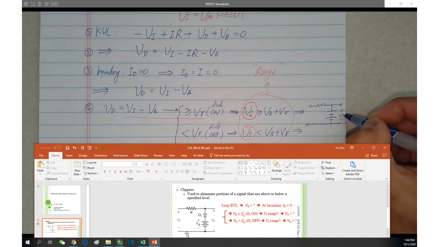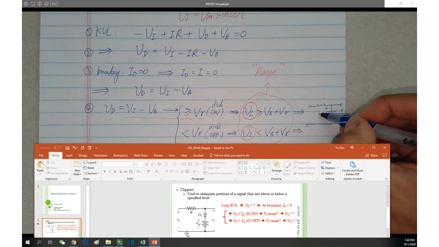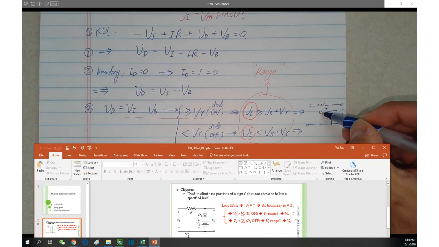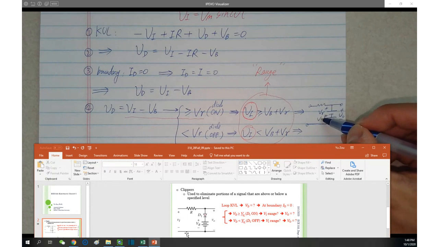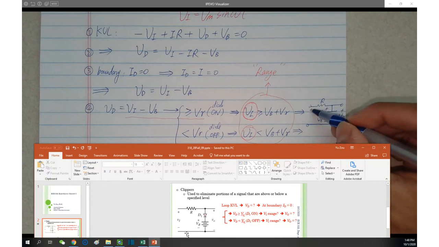You have V gamma, the second one is VB, this is R, this is VI.